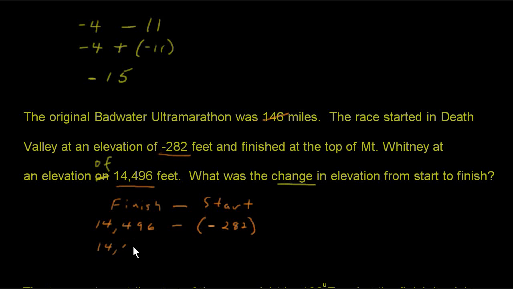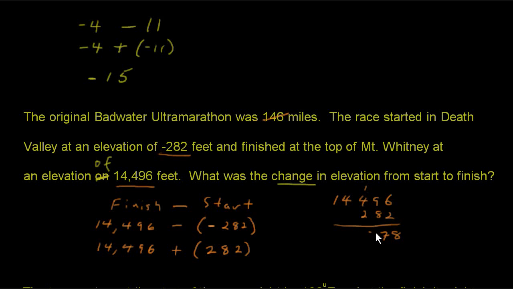And now remember, it's a subtraction problem, so what do we do? We rewrite it as add the opposite, and the opposite of -282 feet is +282. And now we apply the addition rules. The signs are the same, so we're just going to add them up and keep the common sign. So just over on the side here we'll add them up. 6 plus 2 is 8, and 9 plus 8 is 17.